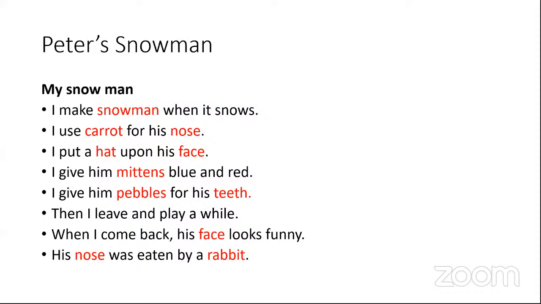Now just remember the snowman who is wearing a hat. I give him mittens or gloves. You can also write gloves. I give him mittens, blue and red. I give him pebbles. Pebbles, or you can write small stones. I give him pebbles for his teeth.